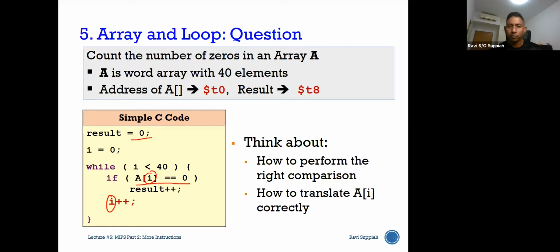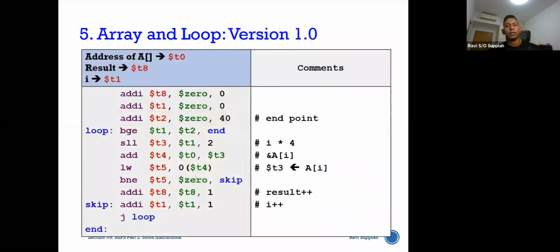But in assembly it's not the case. You need to make sure you go by multiples of 4. So that is where the more in-depth thinking is required. So let's look at this example and try to understand what is happening.